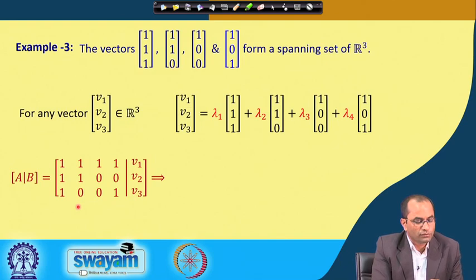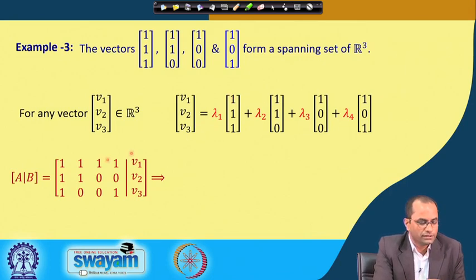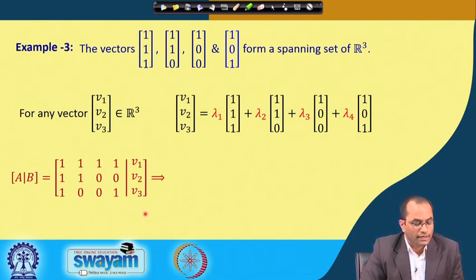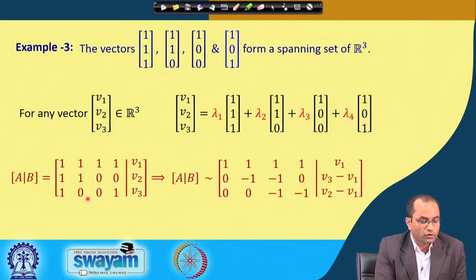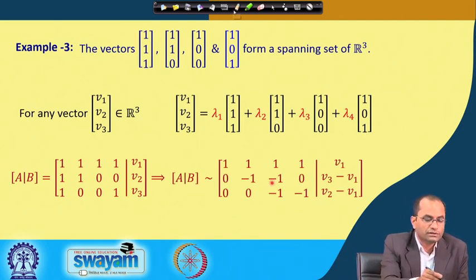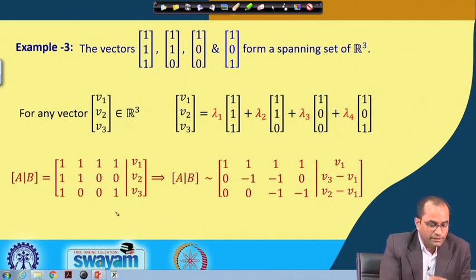So, our augmented matrix now, here these columns will be these vectors: 1 1 1, 1 1 0, 1 0 0 and 1 0 1, with the right hand side v1, v2 and v3. This augmented matrix we can reduce to echelon form, which is, I believe, very simple again.